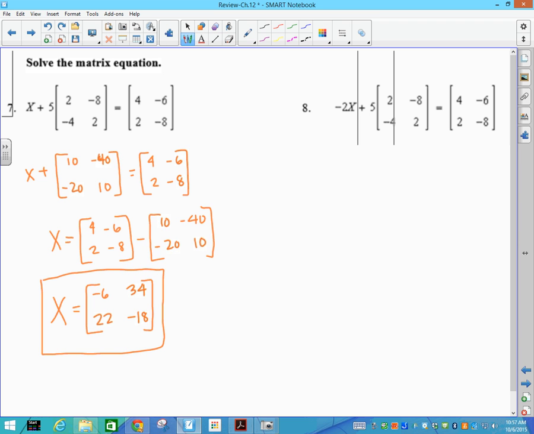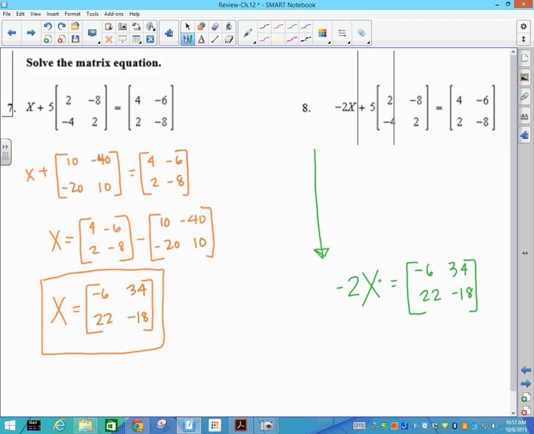All right, so if you look at number 8, I don't know if y'all noticed, but these are the exact same numbers as that one. If it wasn't, you would solve it the same way and get down to it. So you get down to, this time though, it's negative 2x is equal to this negative 6, 34, 22, negative 18, because everything about the first part of solving it is exactly the same.